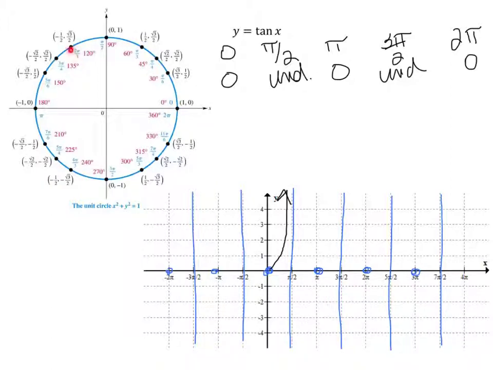Then it'll get increasingly smaller until it hits 0 again. If I go backwards, this slope is negative, and it gets increasingly more negative until it's undefined. So that looks like this. And that pattern will continue to repeat itself.